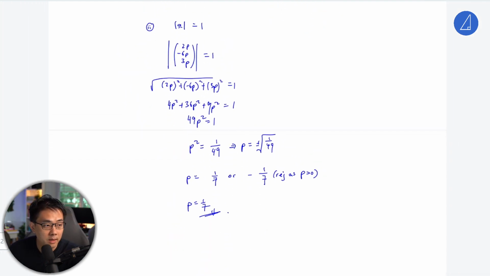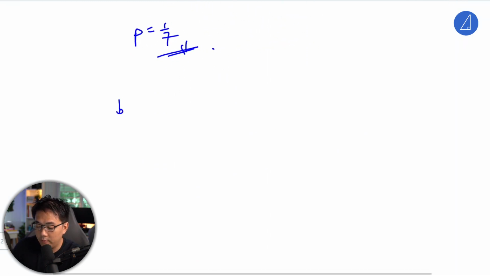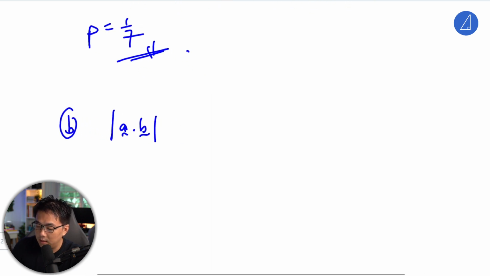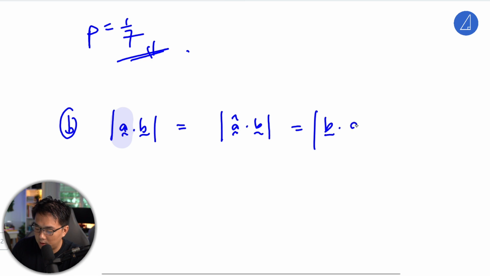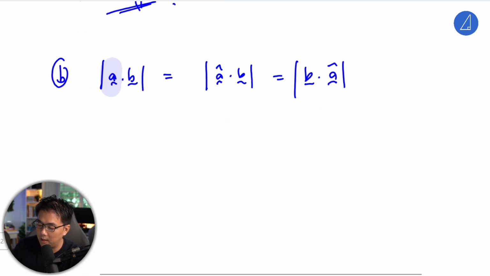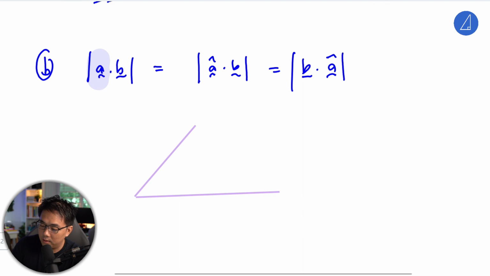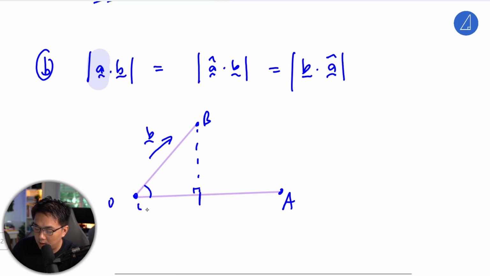Then what we're going to do next is give a geometrical interpretation of a dot b. Now in this case, what we need to understand is that this is a unit vector. So if this is a unit vector, just eyeball this, you can rewrite this as the unit vector b. Like usually I'll just put this side here. This very clearly is essentially O and this is B. If you take a unit vector, this is the length of projection of OB onto the vector OA.